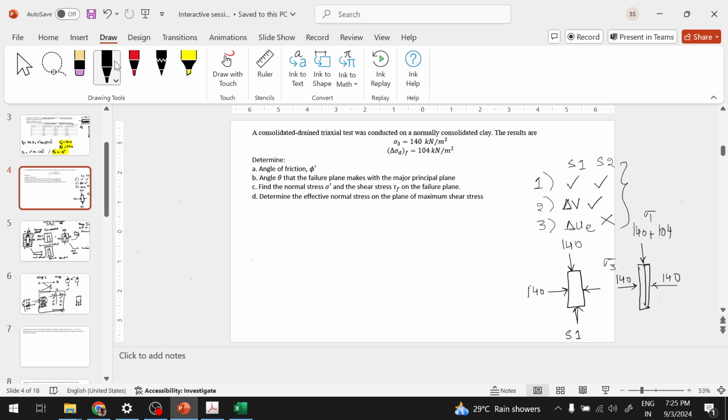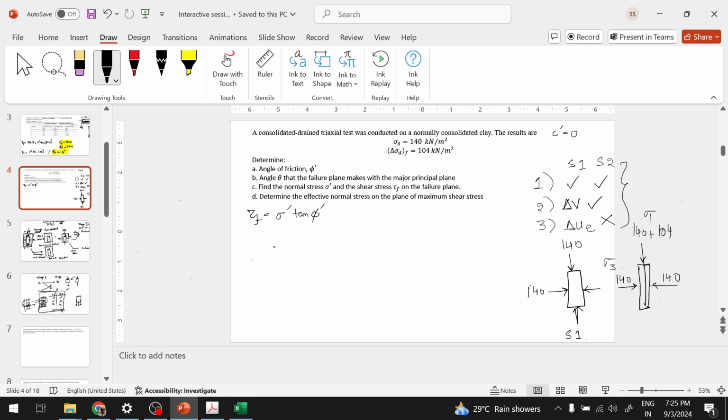Now we know the formula for a normally consolidated soil, and it has been given that C dash is 0.